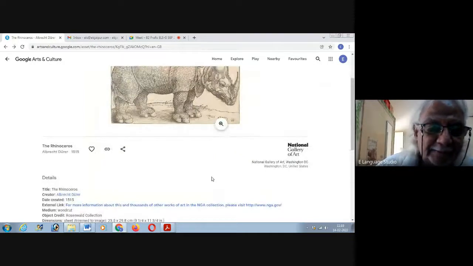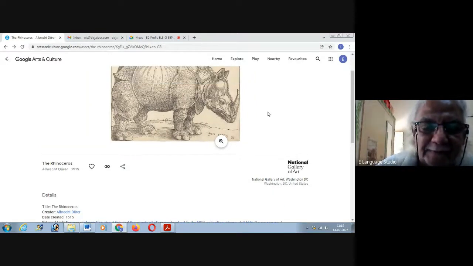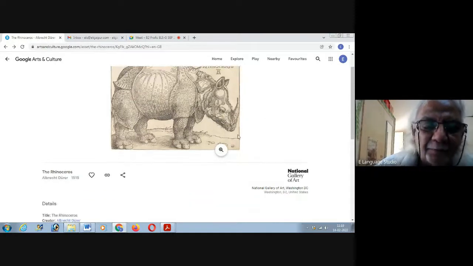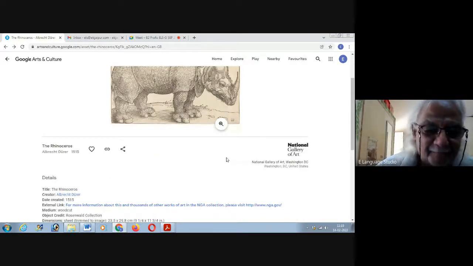Now the background to this picture. The background is he had never seen a rhinoceros. He drew this picture without having seen the animal. So how did he do that? Based on the description given to him by a friend.